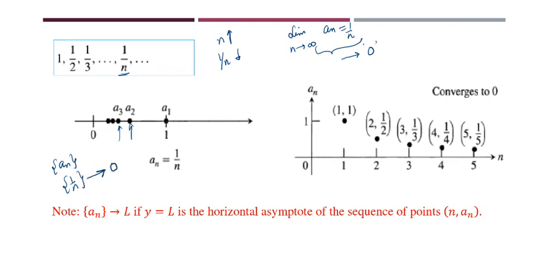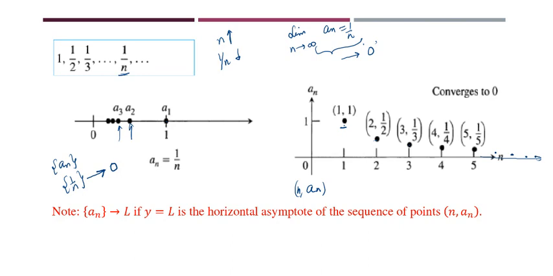Now let's see it in the coordinate plane. When you are sketching n comma an, the first point is 1, 1, second is 2, 1 by 2, third is 3, 1 by 3, 4, 1 by 4. So as your n is increasing, these points are going to become closer and closer to the x-axis, yet not touching the x-axis.